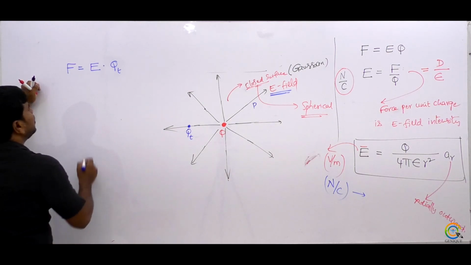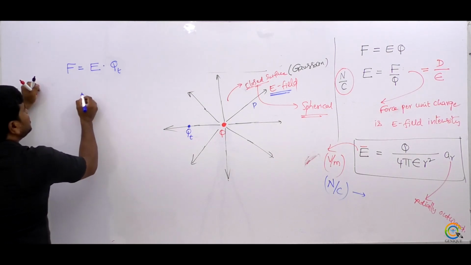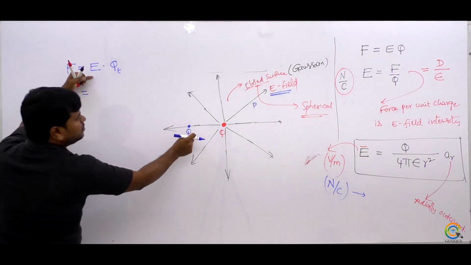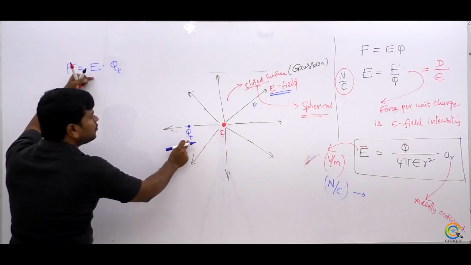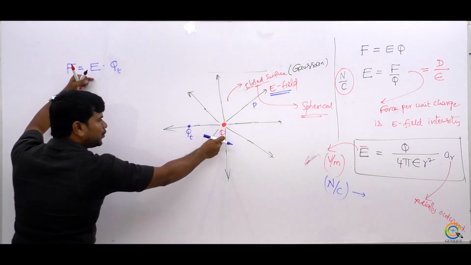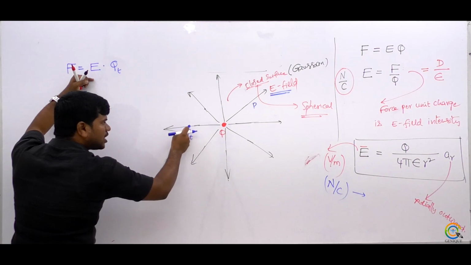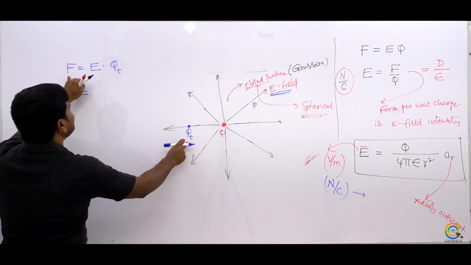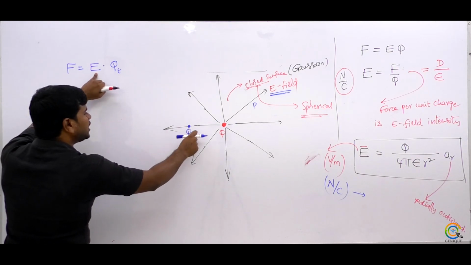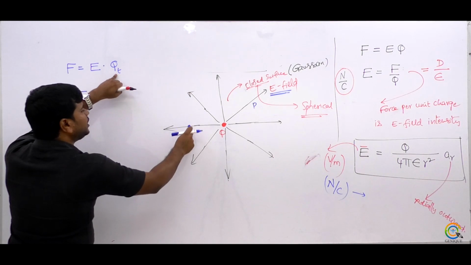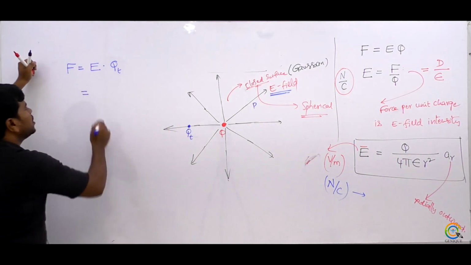Now, we have already seen the electric field intensity at this place. What we have to find is the force on this QT, calculated as F equals E times QT.